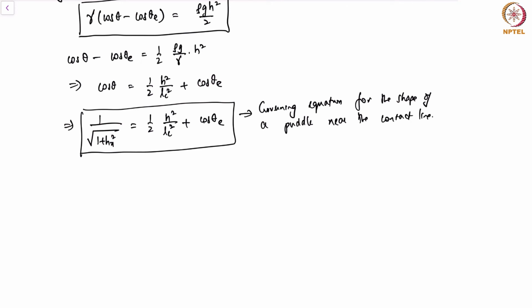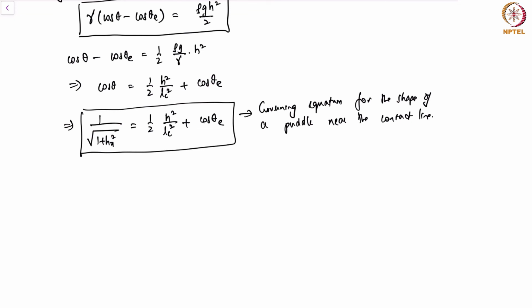Okay, so you can again convince yourself that when h goes to 0, that is as you approach the contact line, the first term on the right hand side goes to 0, and therefore you recover the cosine of the angle would just be equal to the local slope near the contact line. Okay, so we've got the height of the puddle, we've got the local shape of the puddle.